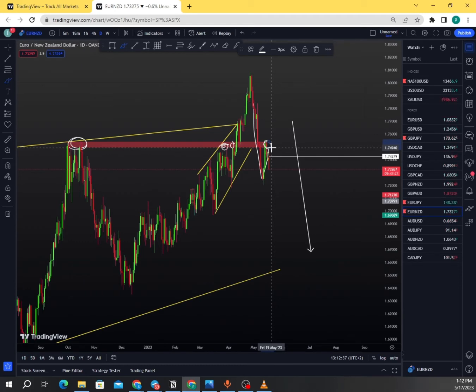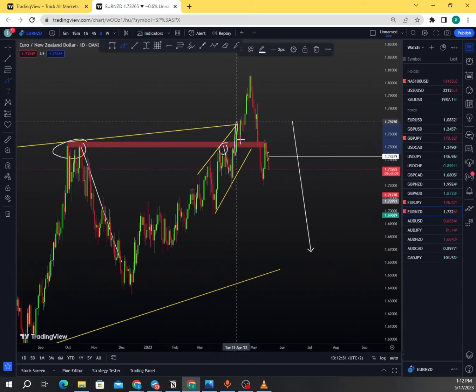I don't know if I'm making sense, but what I mean is that price came into this supply, respected this supply, and came also to this supply, respected it, and broke this supply, acted as a demand here, and then price broke that demand. Now it is acting as a supply.